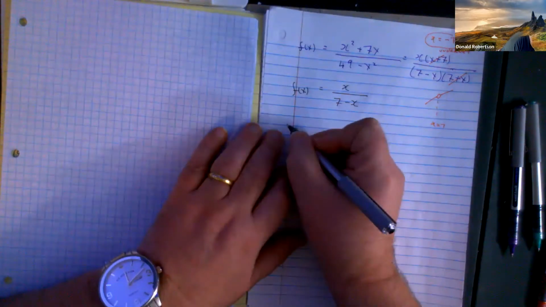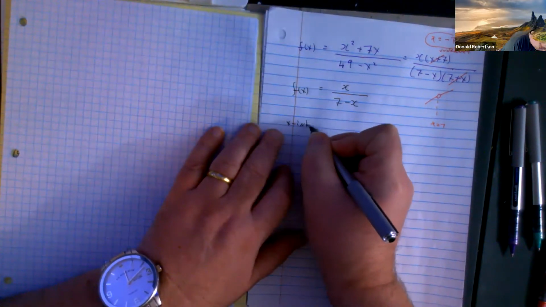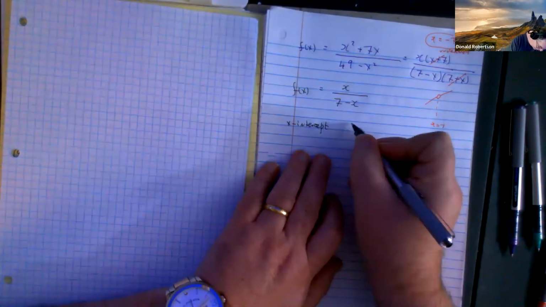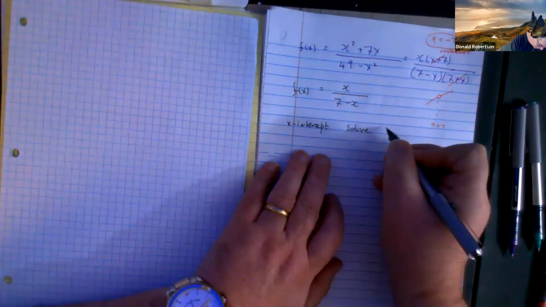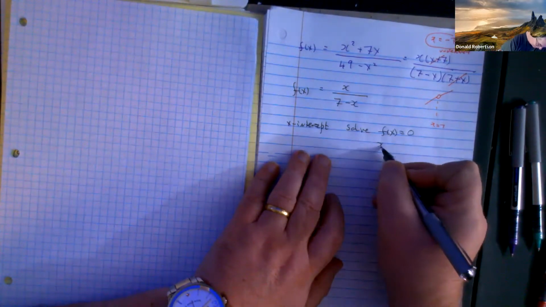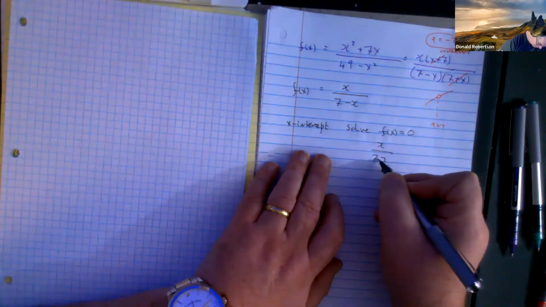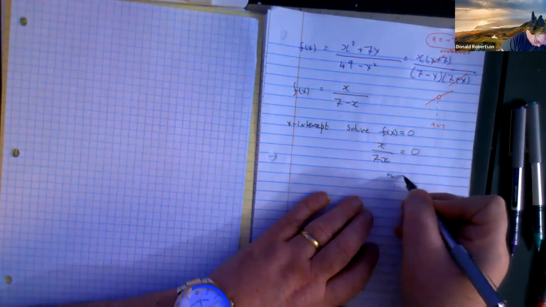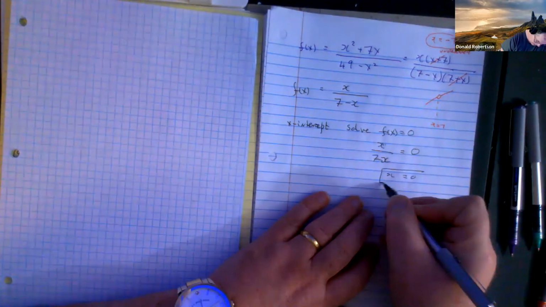So let's go for x-intercept. Well, if you want to find x-intercept, you need to solve when is the function 0. In this case, you need to solve that. When you have a fraction equal to 0, the top is 0. So guess what? We've just found the x-intercept.